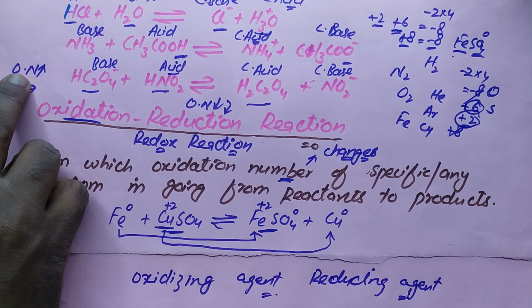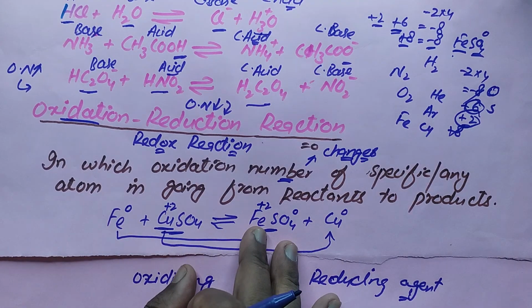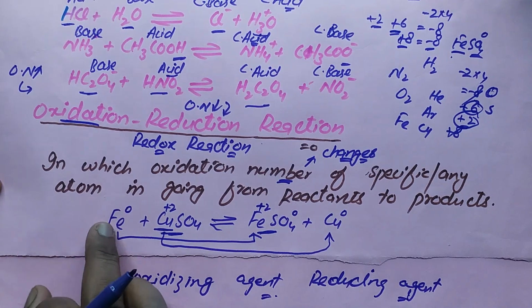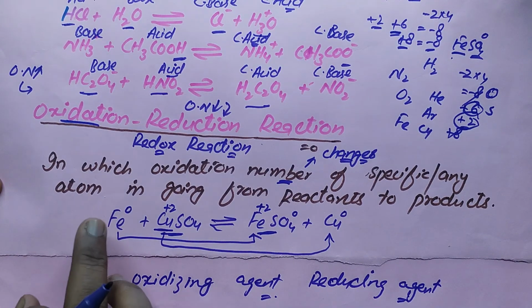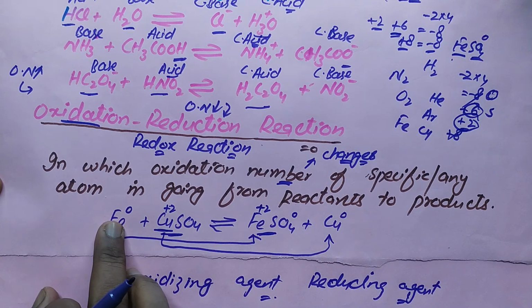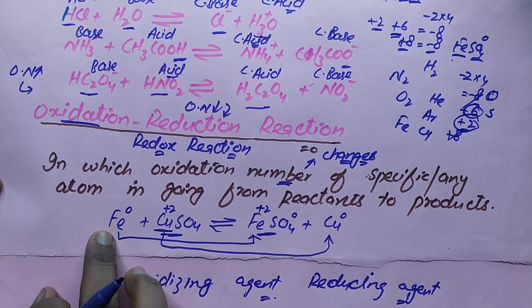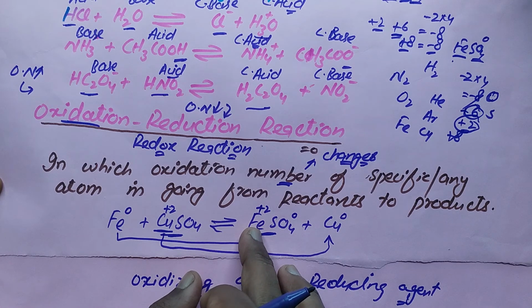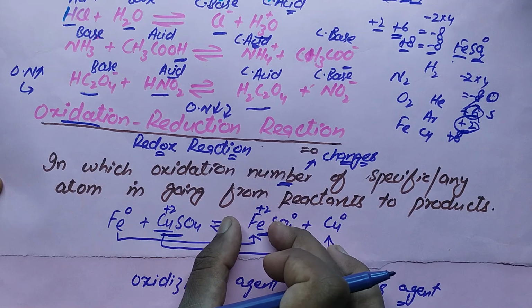That species has a greater oxidation number in the product, meaning the oxidation number increases going from reactant to product. So Fe has zero oxidation number in the reactant, and in the product Fe has positive 2 charge, so it is going to oxidize.